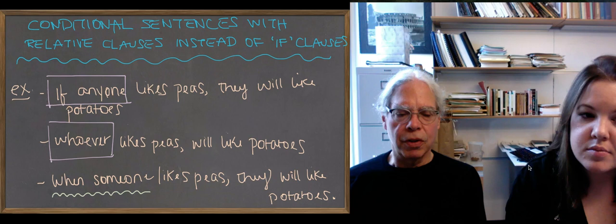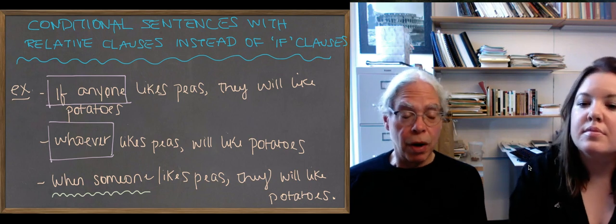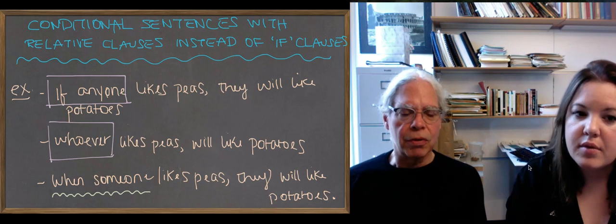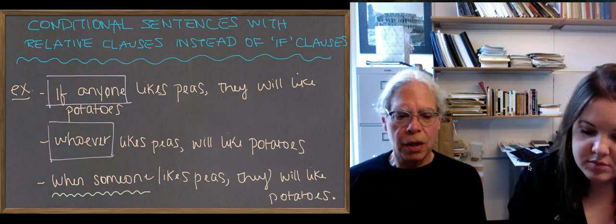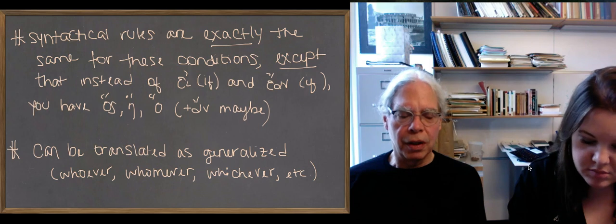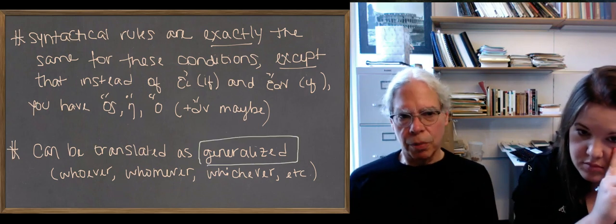An if clause condition, which looks like the basic form to us, then one in which instead of if you have a relative pronoun like who, it can be whoever, whomever, whichever, all of those things. And generally, what we're recommending is what the book recommends, that you think of it as a relative pronoun that can be generalized. Then you'll be okay.